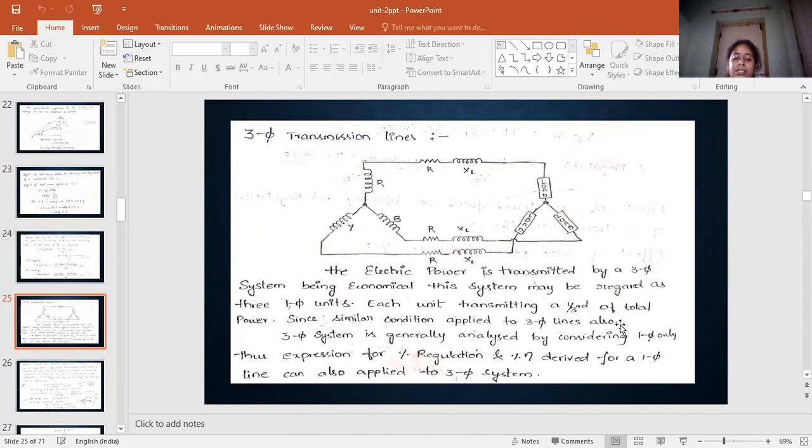Since similar conditions apply to three-phase lines also, the three-phase system is generally analyzed by considering a single phase only. These expressions for regulation and percentage of efficiency were derived for the single-phase line, and they can be applied to the three-phase systems, consisting of three single-phase units. This is not necessary for you, it is information only.